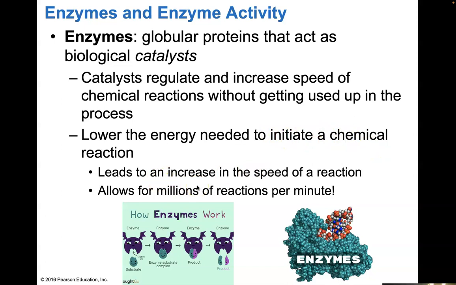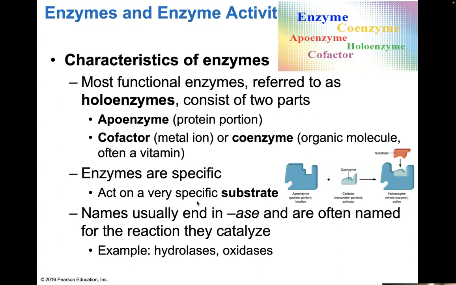That reaction would normally happen, it would just happen at a much lower rate than if the enzymes are present. Okay, so this allows for the millions of reactions that happen in our body per minute. Again, if we didn't have enzymes, all of those metabolic reactions that we would need for our body to function would happen way too slow, okay?